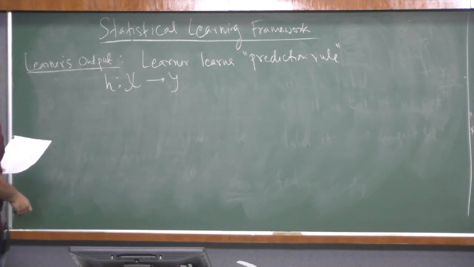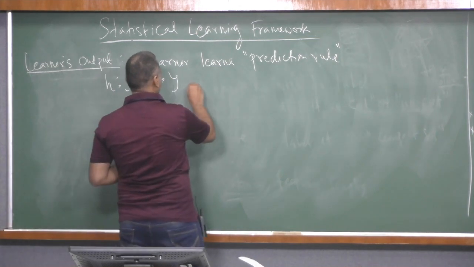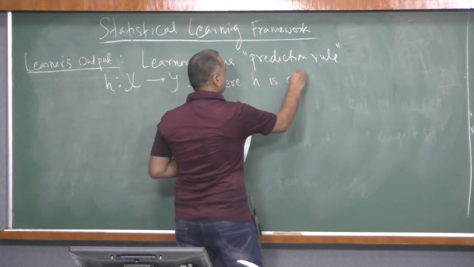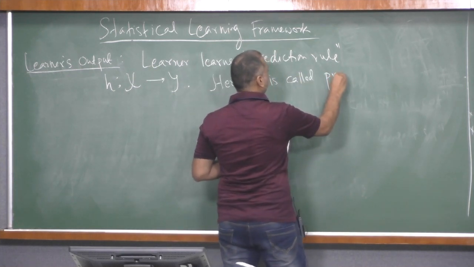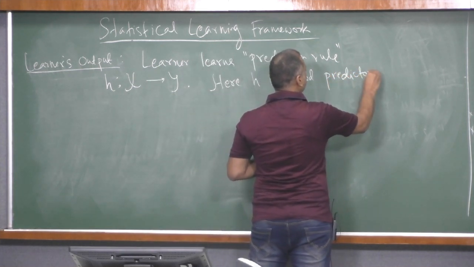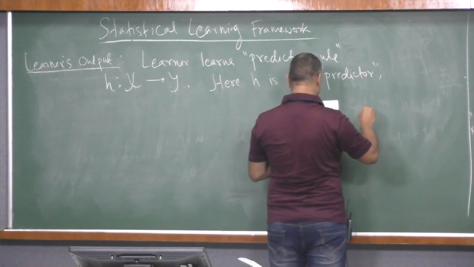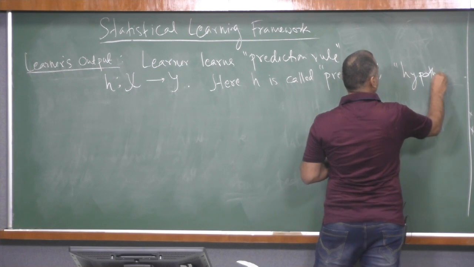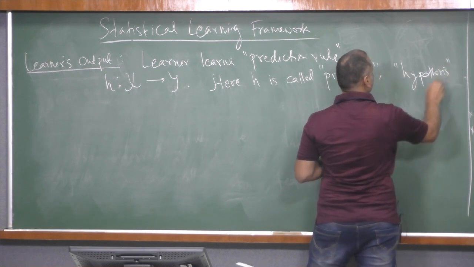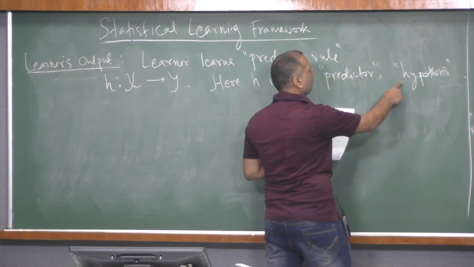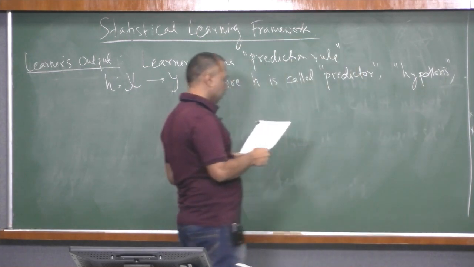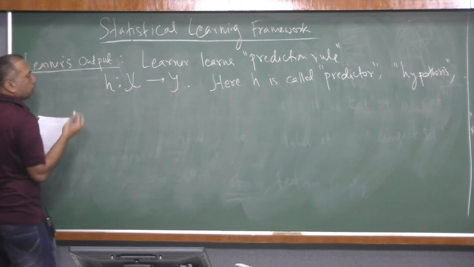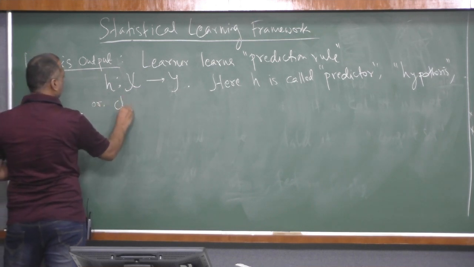Here h is called the predictor. It's important to get used to these names. It's also called a hypothesis. In fact, we will use hypothesis a lot more. Or classifier, if it's a classification problem, then obviously it will be called a classifier.